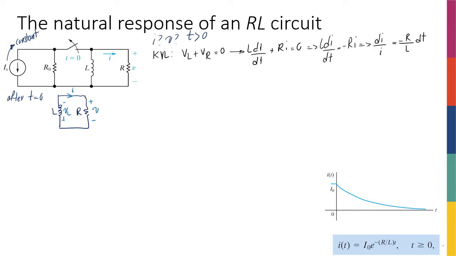Okay, I brought it to this form because I wanted to take the integral of both sides, and for one side I'm taking the integral with respect to i, and for the other side I'm doing it with respect to t.